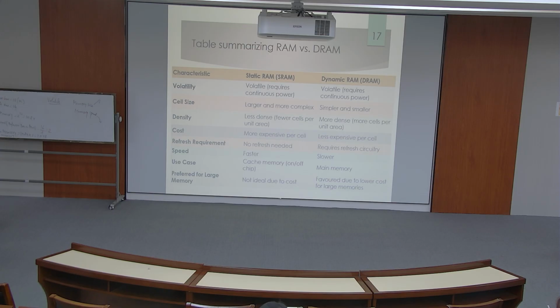And DRAM has to be refreshed to retain data. For speed, SRAM is faster and the DRAM is slower. Now, what are the differences when it comes to usage? The DRAM is used in the main memory, and the static RAM is used mainly in cache memory.